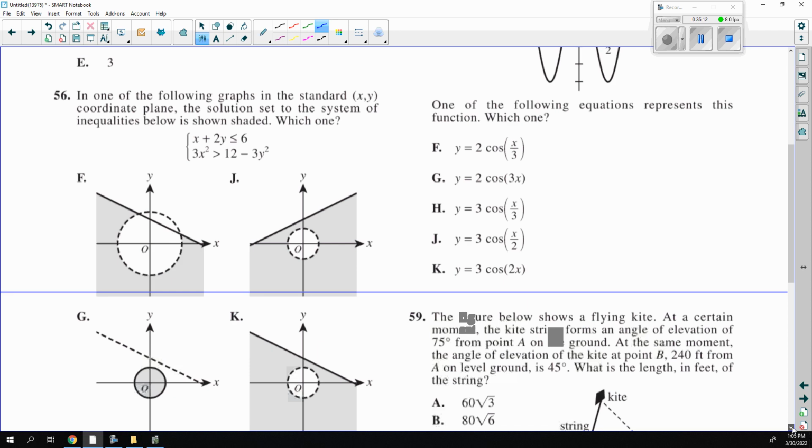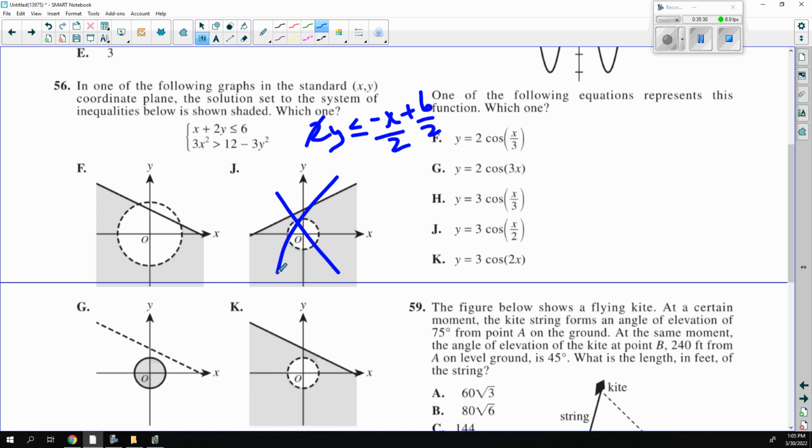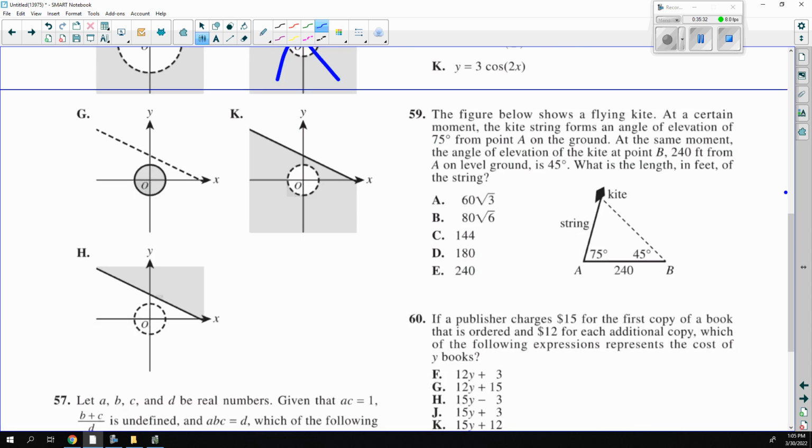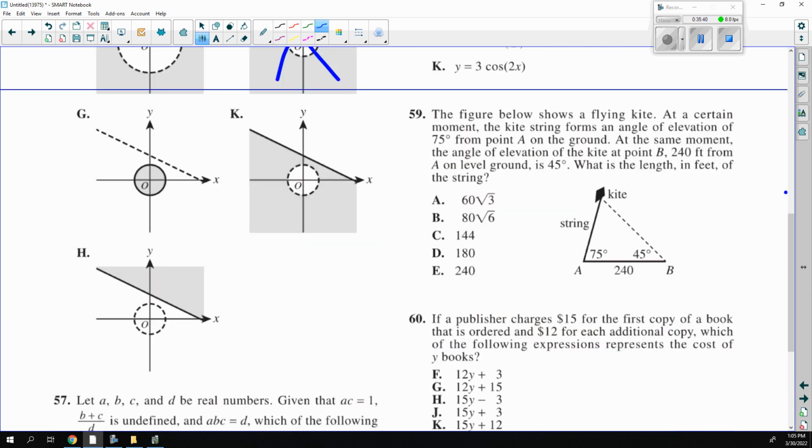This is a line with a y-intercept negative 1/2. I'm sorry, y-intercept 3 and a slope of negative 1/2. It's also less than, so we should be shading under that, not over it.